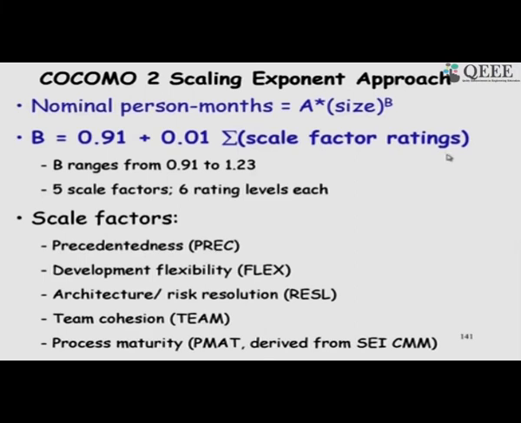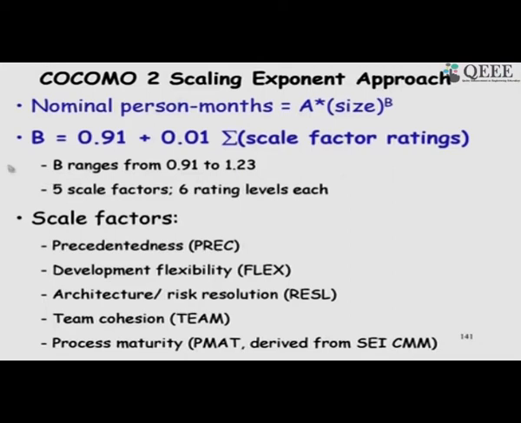And as I was saying, the exponent here, b, we do not just consider the scale factors directly, but we have this expression here: 0.91 plus 0.01 into the various scale factor ratings, sigma of scale factor ratings.